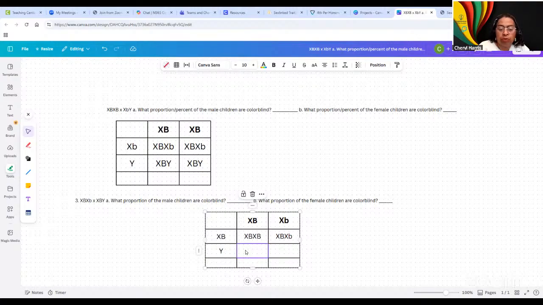So in this box, we got capital B and a Y. And over here, we have X, lowercase b, and a Y. Okay, so now we got to read what's in the box.